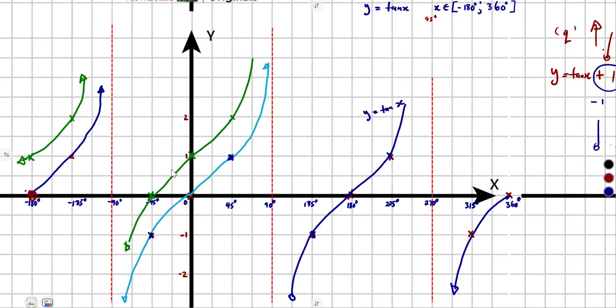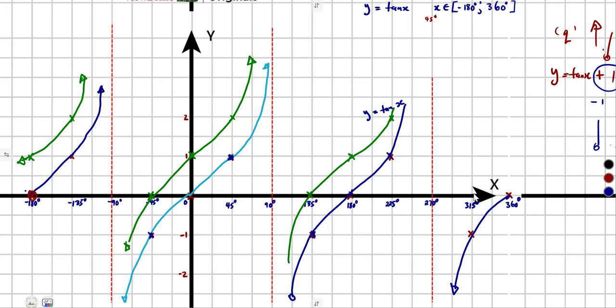It has shifted 1 unit up. So the same, if it was 1 unit down, you take your points going down from the critical points. Same here, minus 1, 1 unit going up, it will end up at 0. 0 will end up at 1, 1 will end up at 2. So we're going to have this one, something like this.